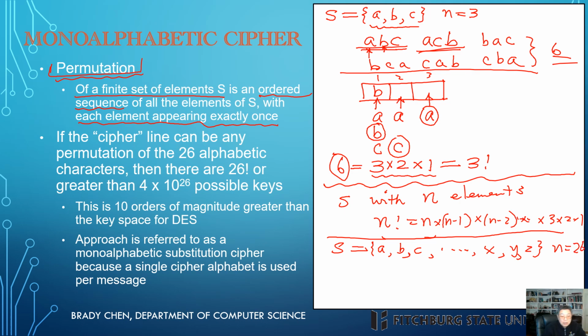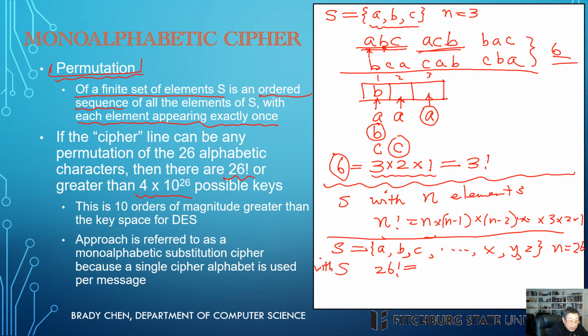That's the total number of elements in the English alphabet. So with S, we can create 26 factorial permutations. Now, 26 factorial is a huge number. If we calculate, it is approximately 2 times 10 to the 26 possible permutations.